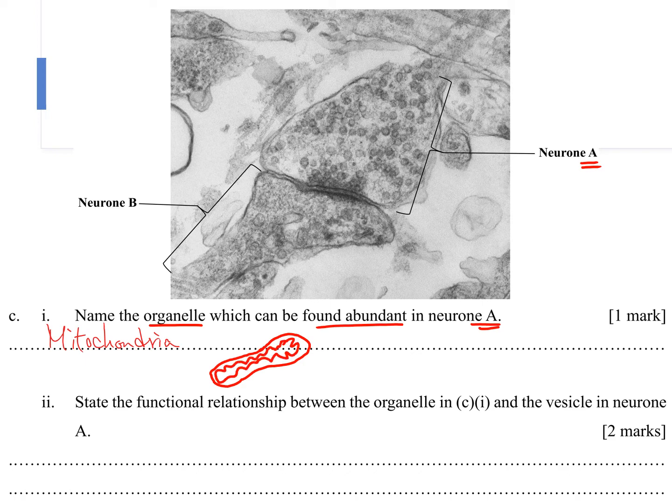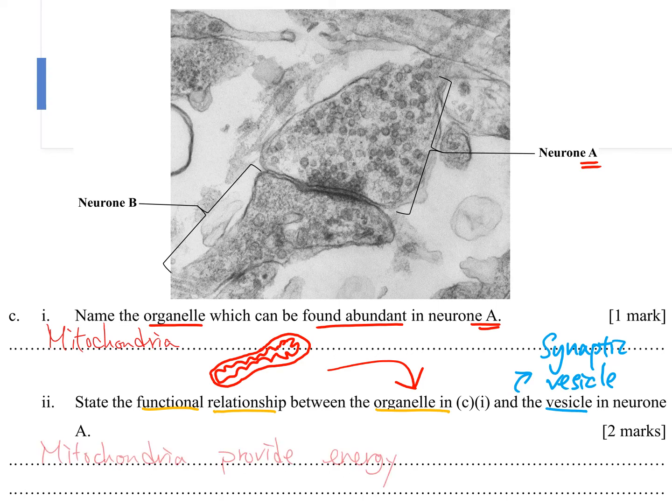And then question C2, can you state the functional relationship between the organelle in C1, that means the mitochondria, and the vesicle in neuron A? So what type of vesicle are we referring to? We are referring to the synaptic vesicle. What is the relationship?